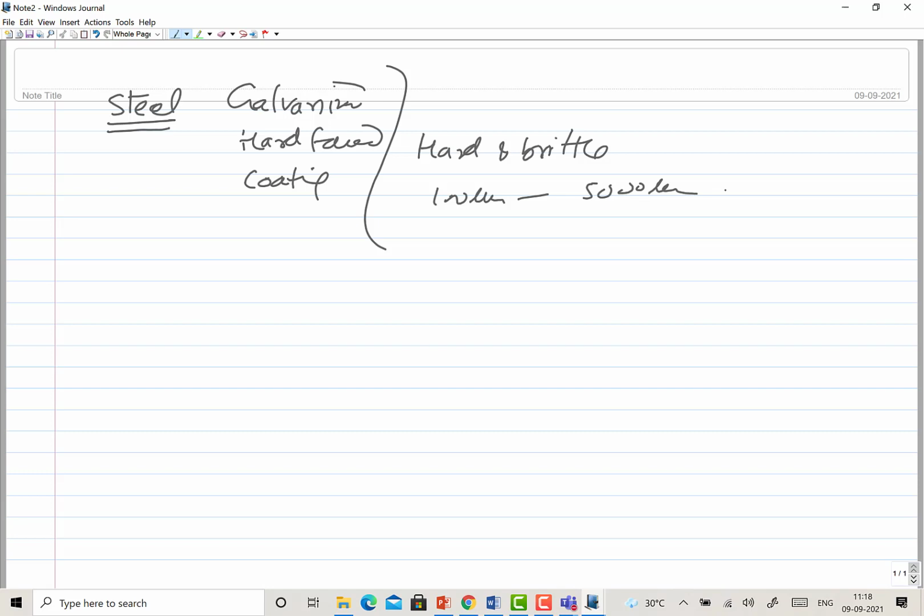So when such components are subjected to friction welding, whose surfaces have been coated, either galvanized or hard faced, or coated using hard materials, there is a lot of difference in terms of thicknesses. Coatings may be thin, maybe 50 to 800 or 1000 micrometers.